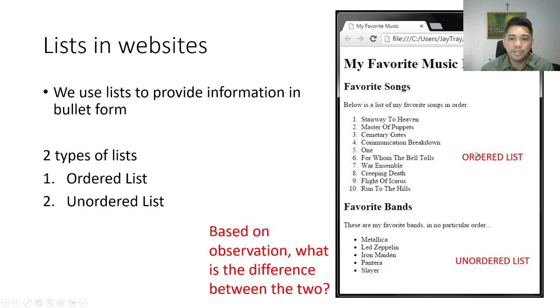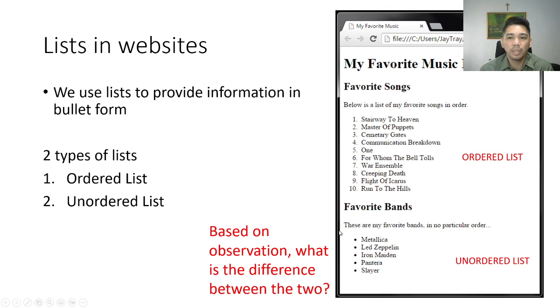So an ordered list is a list wherein the markers are in sequential order. The unordered list is a list without numbering. Kaya nga siya unordered kasi hindi importante yung numbering niya, hindi importante yung order niya. Ang importante lang doon, nakalista sila.